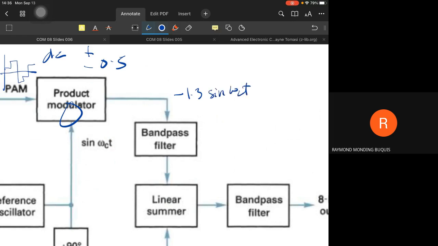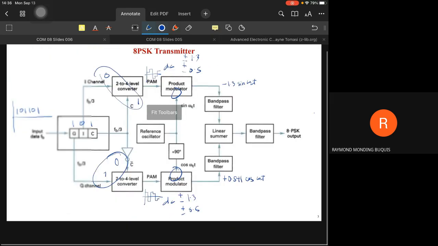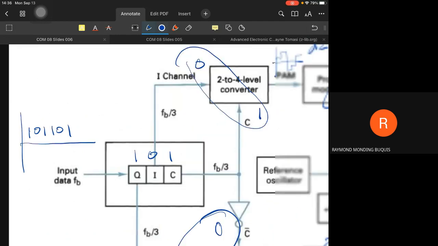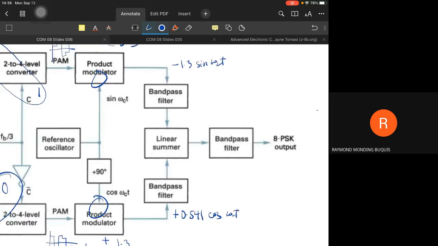Pagig one-pass filter, pagig linear summer, such that if ang atong given is 101, ang atong output dili is negative 1.3 sine omega t plus 0.541 cosine omega t.